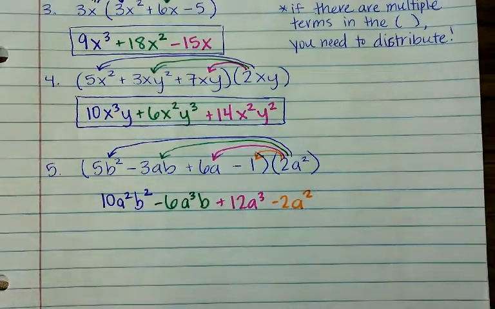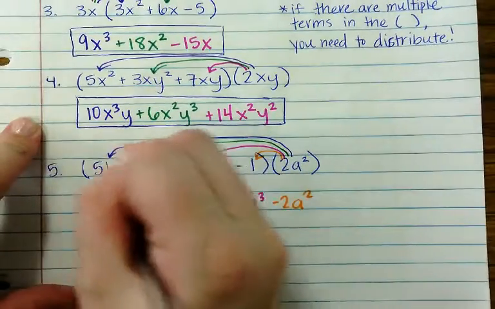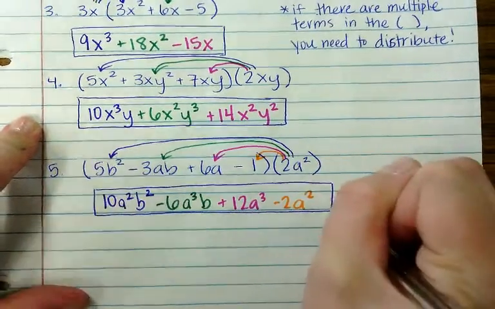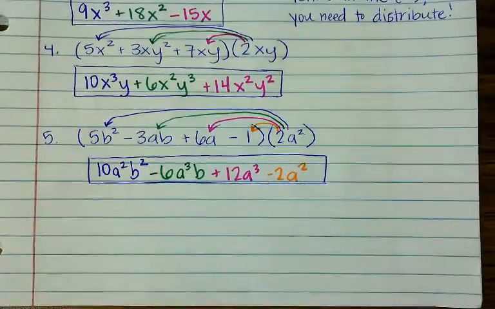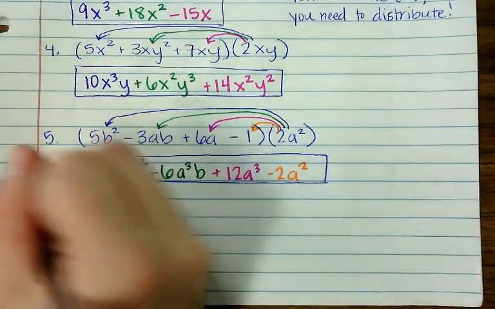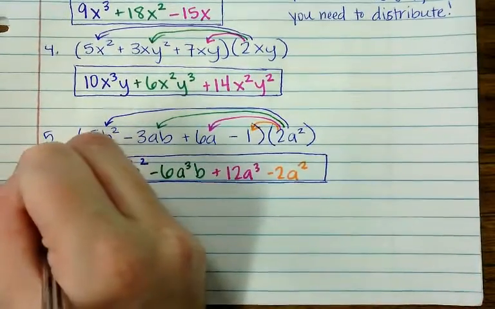I know I'm being a little bit tedious about this, but it's just because I want to make sure that we get this right, that we do it well. Do you guys feel good about this so far? Okay? So really, all we're doing is we are taking our little guys and we're distributing. Okay? So I'm going to give you guys another little example here.